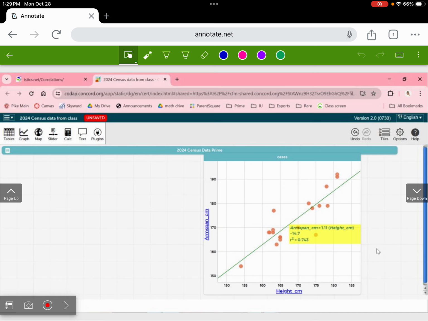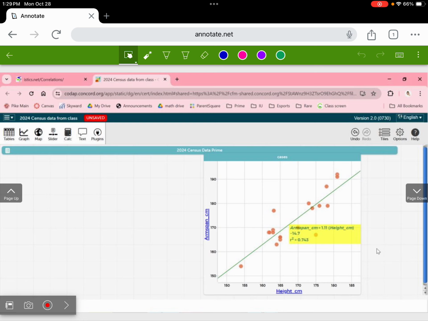It still measures the strength. The reason they use R squared is because then it's not positive versus negative, and it's easier to see which one's stronger, whether it's positive or negative. It's the reason I use R squared, but I kind of like being able to tell whether it is a positive or negative correlation from the value.